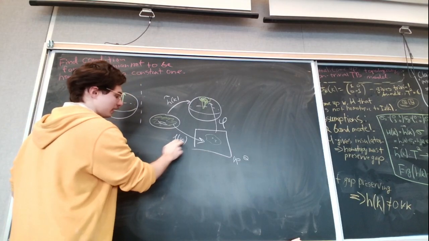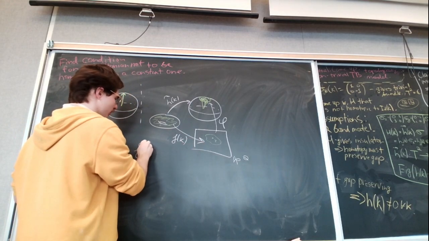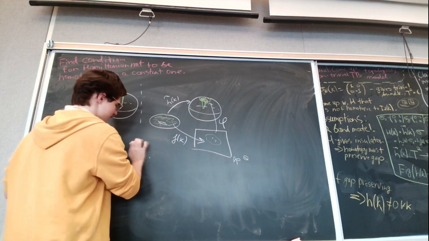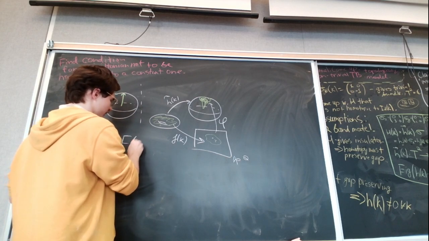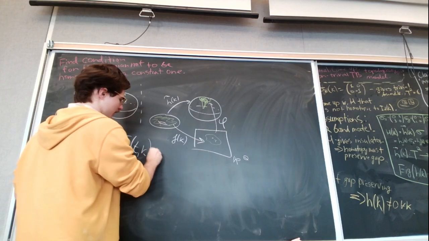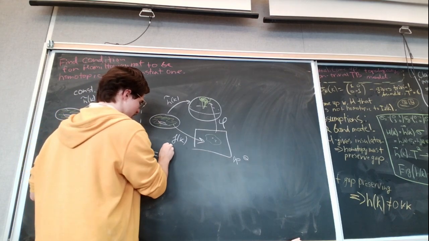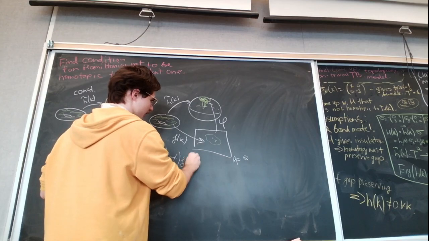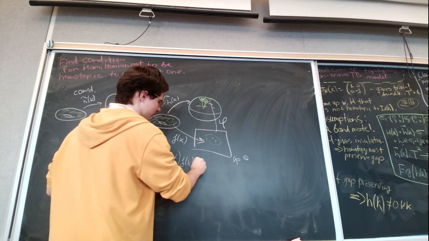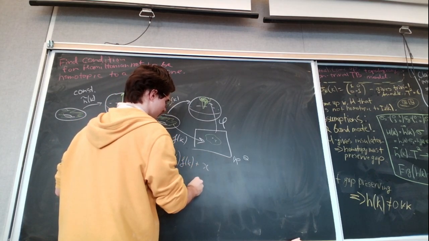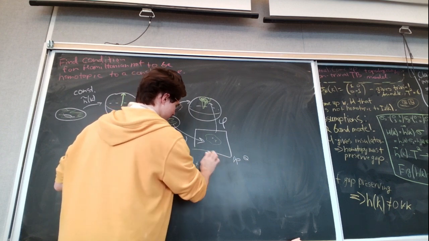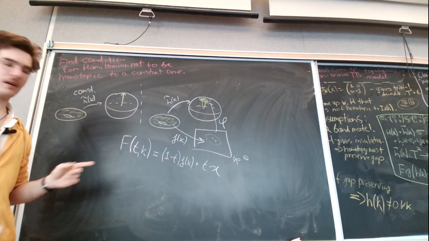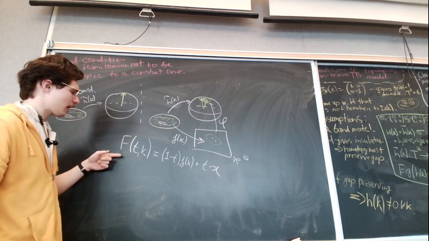The point is that here, I can come up with the following mapping: f of tk is going to be 1 minus t f of k plus tx. Okay. What does this achieve?